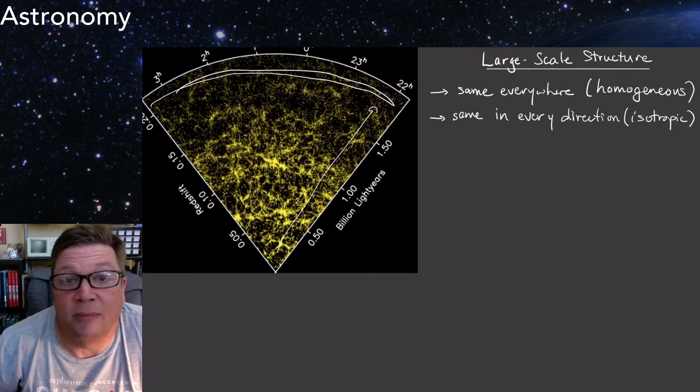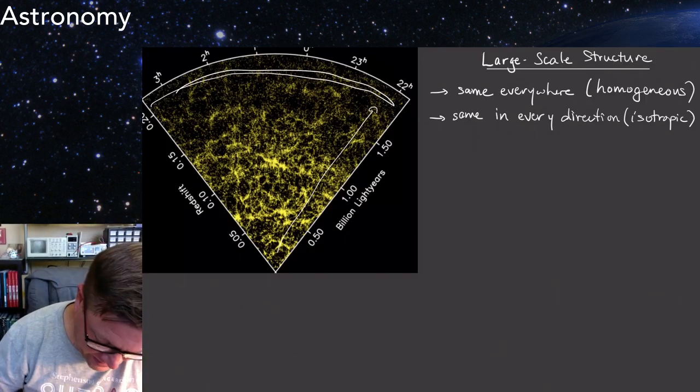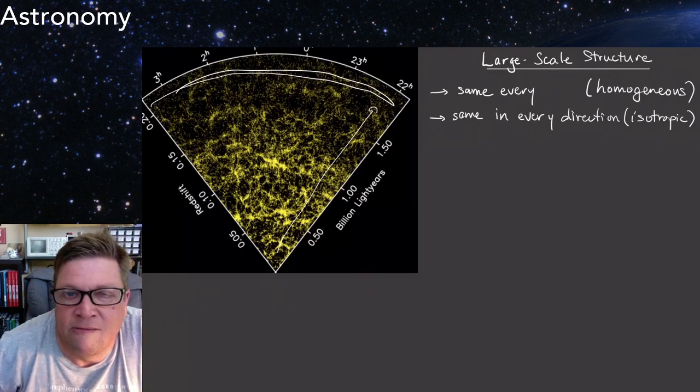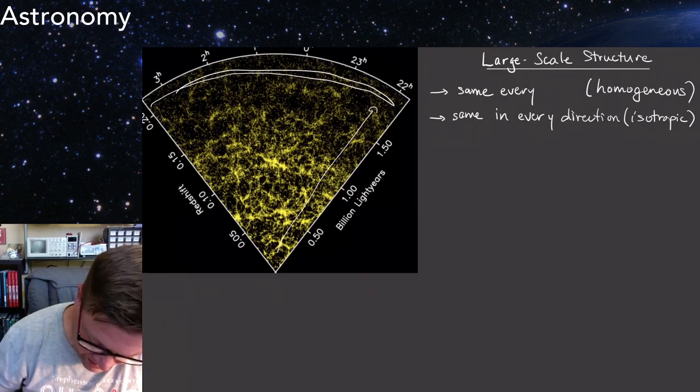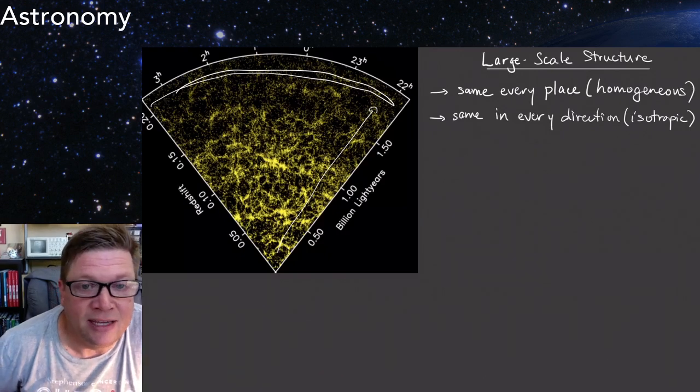These are words that don't come up very often in casual conversation. In fact, let me fix this. Saying it's the same everywhere is not quite the right thing to say. Same every place. So what I'm saying is every patch of sky looks like this.